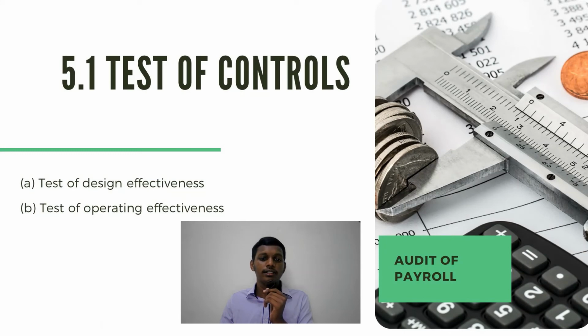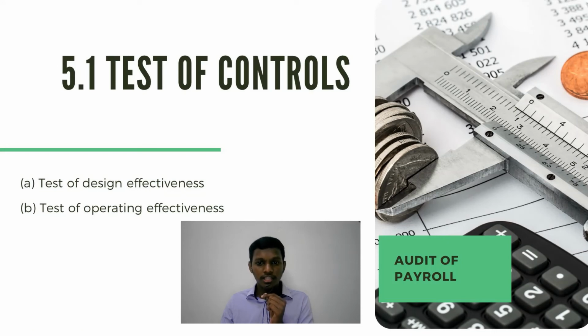For your information, tests of control are designed to obtain sufficient evidence to determine whether controls over payroll are functioning effectively. The assessment of test of control involves A. Test of design effectiveness and B. Test of operating effectiveness.